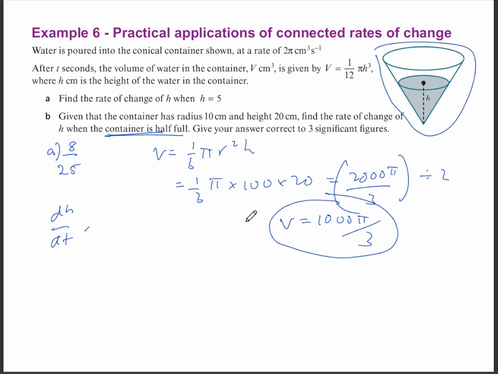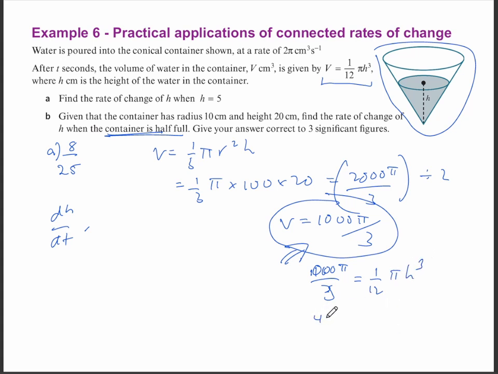But remember, we will need to find the h that corresponds to this value right here. That's the formula for the volume of the water in the container after t seconds. We want the volume of water in the container to be 1000 pi over 3. Therefore, we can just substitute: 1000 pi over 3 is equal to 1 over 12 pi h cubed.